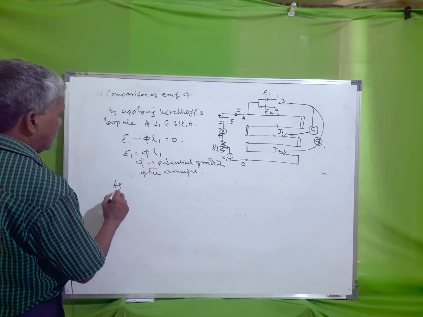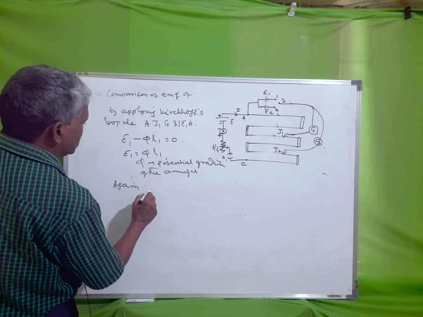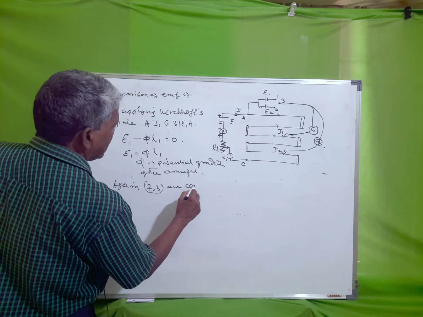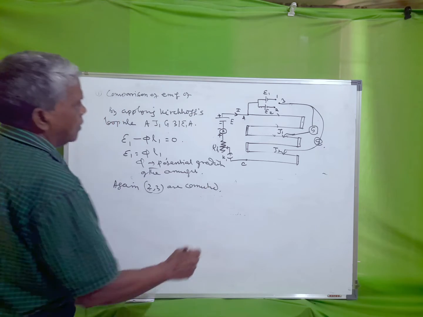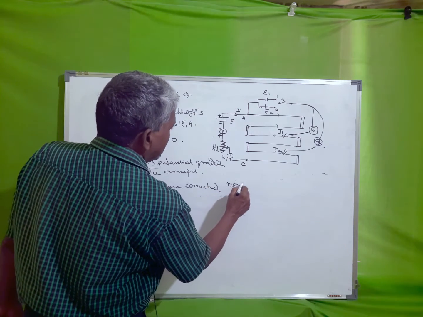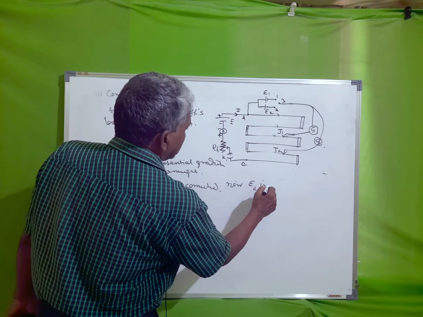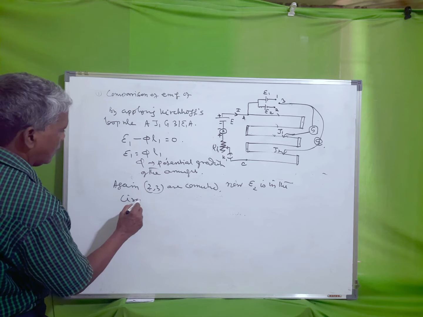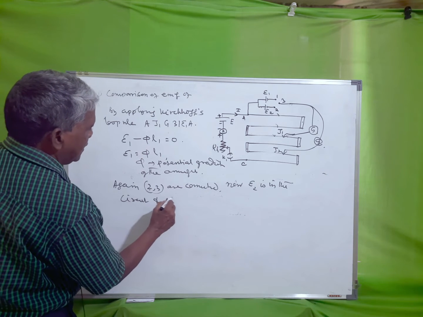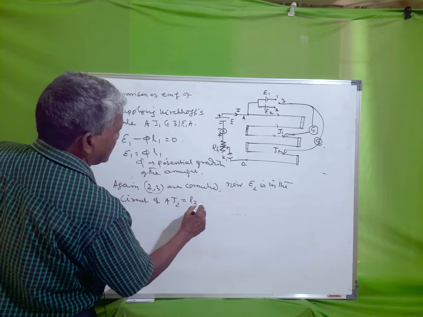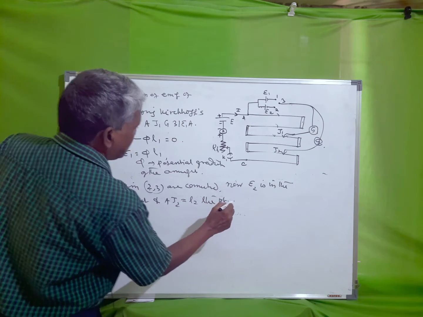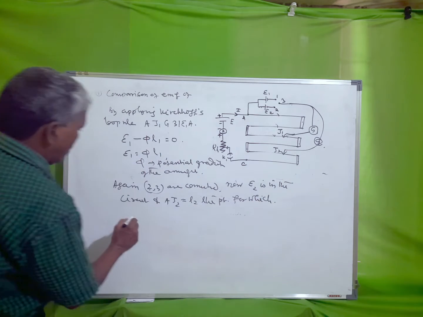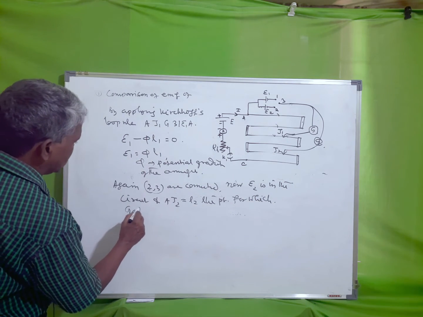Again, as 2 and 3 are connected, now E2 is in the circuit and AJ2 is equal to L2, the point for which galvanometer deflection is 0.